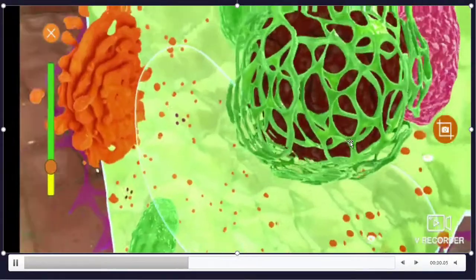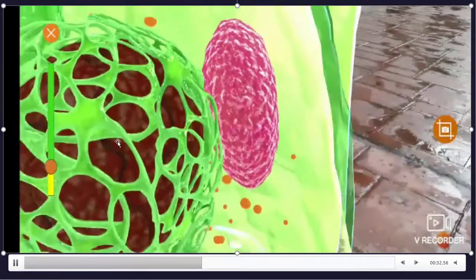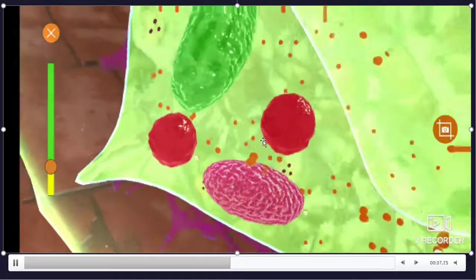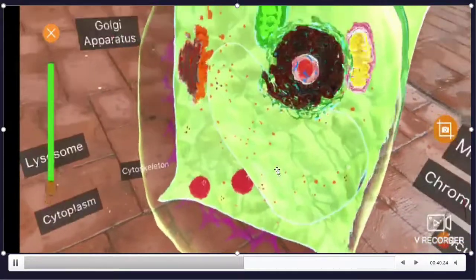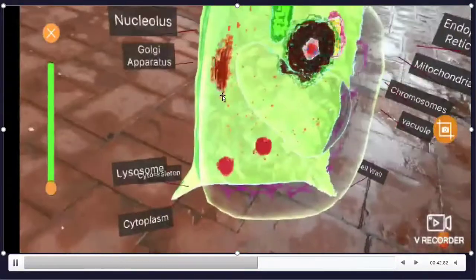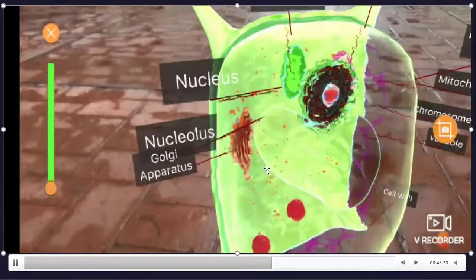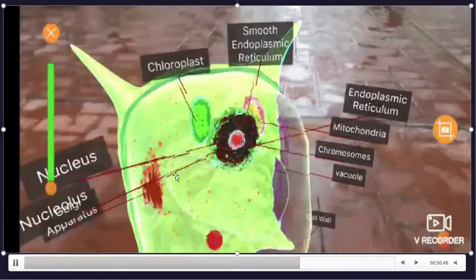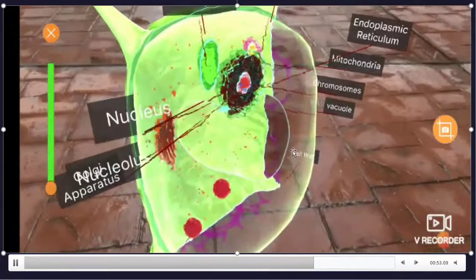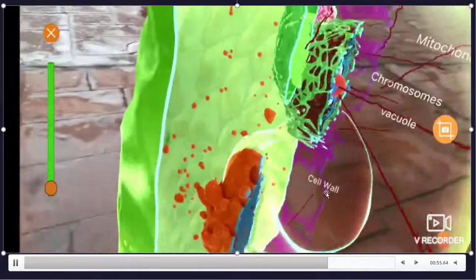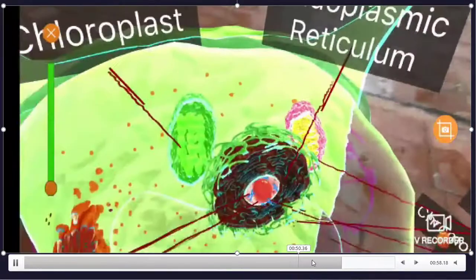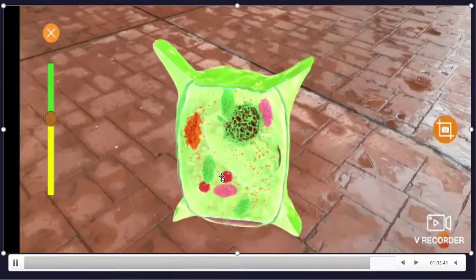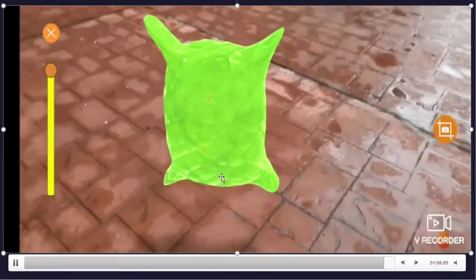Observe, it is the nucleus, and the green one is endoplasmic reticulum, ribosomes, lysosomes, chloroplast, vacuole, Golgi complex or Golgi apparatus, smooth endoplasmic reticulum, chloroplast, mitochondria, the middle one, and the transparent one, the vacuole, the bigger sized one, this one, vacuole. These are all the parts of the plant cell.